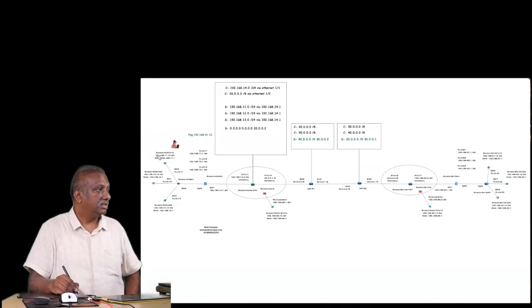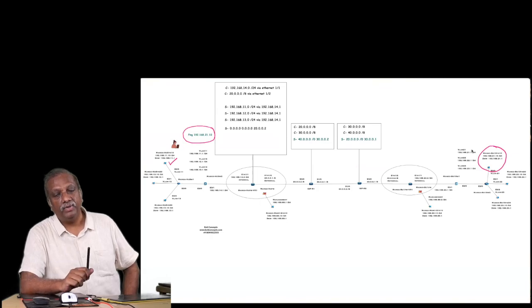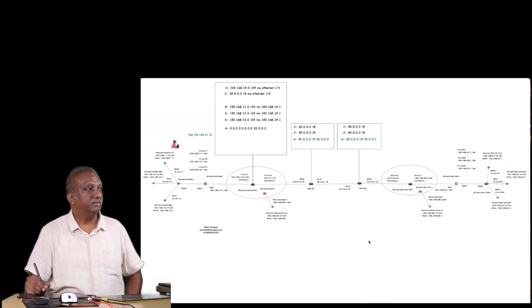That means somebody sitting on this system would like to send a packet to 21.10. Who is 192.168.21.10? This particular system in the branch office. So a system in the head office would like to communicate with a system in the branch office, right? Now let's see what happens behind the scenes.